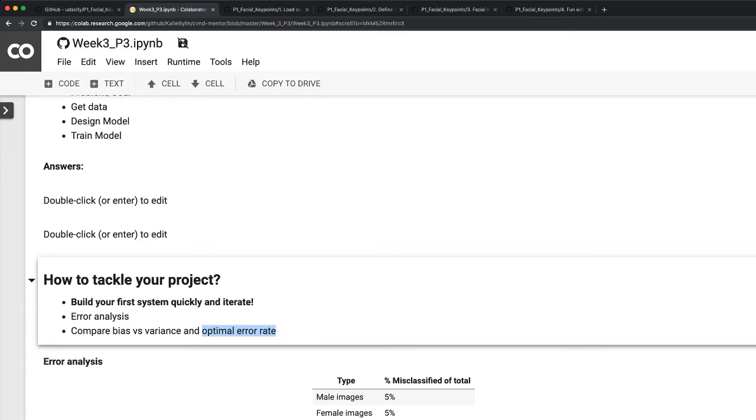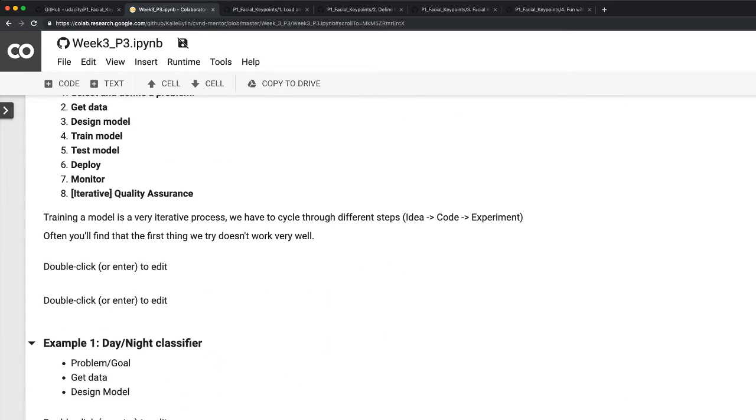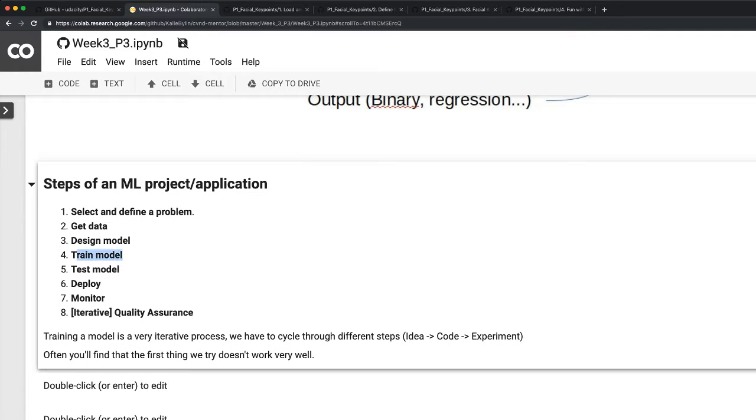Moving on to this part, you listened to me, created your first system, you didn't dedicate much time, and now you're ready to make decisions according to what you're working with. So before jumping into these error analysis and bias and variance methods or tools that you may have, I just want to mention this again. When you design your model, you do not have to reinvent the wheel.